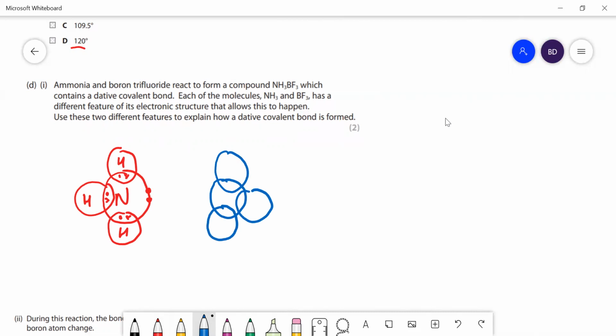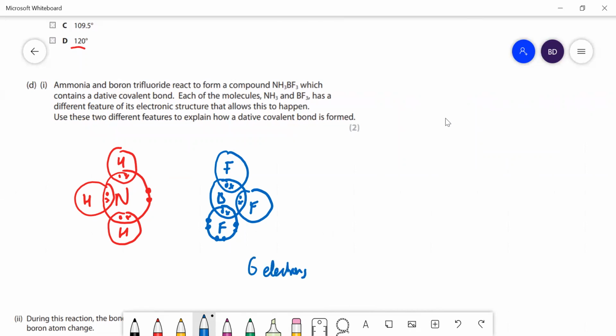So we've got 3 bonds there, boron, fluorine. Because the fluorine's in group 7, they're all going to have 6 more electrons there. I'll just draw it for 1 fluorine, not for all of them. So you can see the boron has only got 6 electrons in its outer shell.